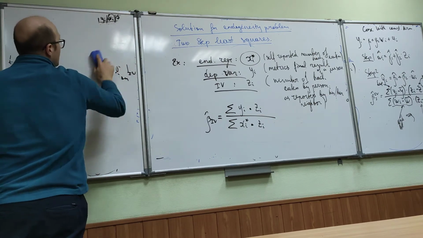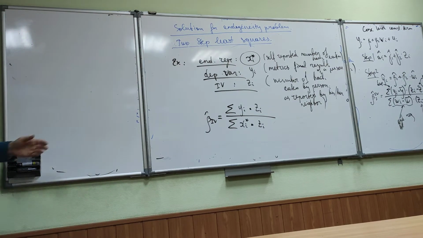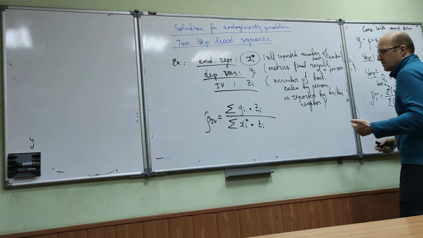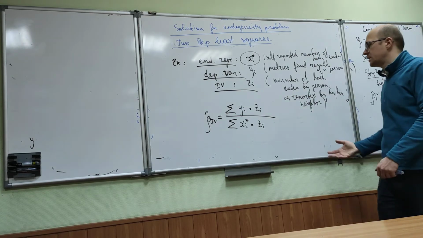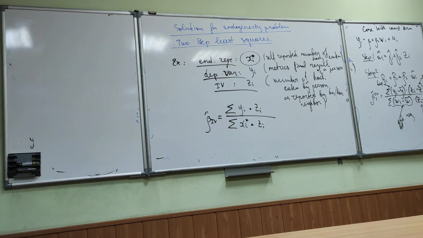Okay, let's check whether the magic works. Our algorithm says you just need to use this modified formula. Let's check that this approach gives us beta in the probability limit.